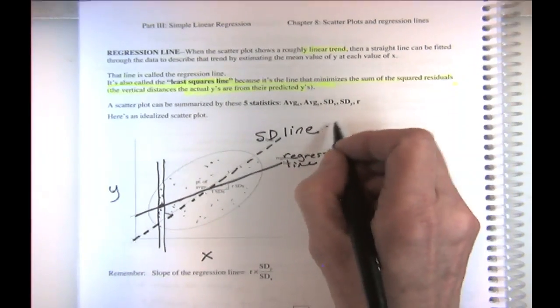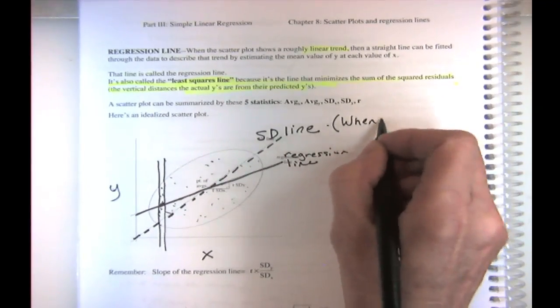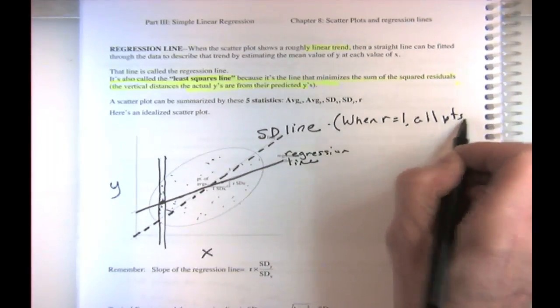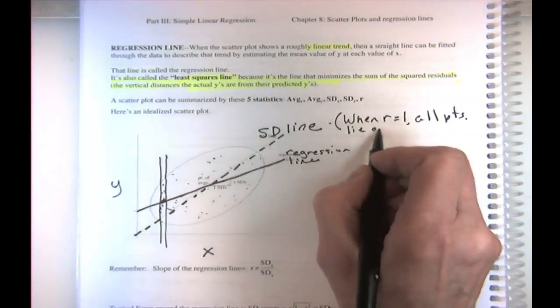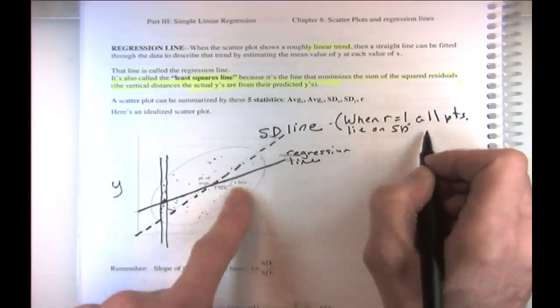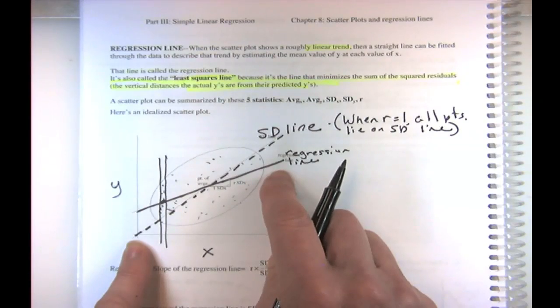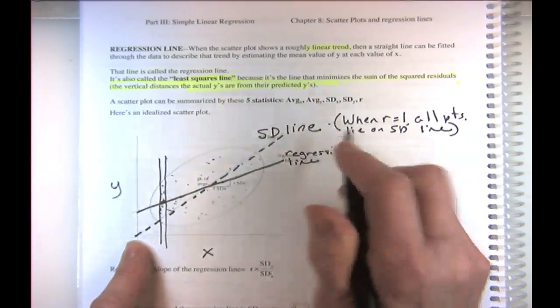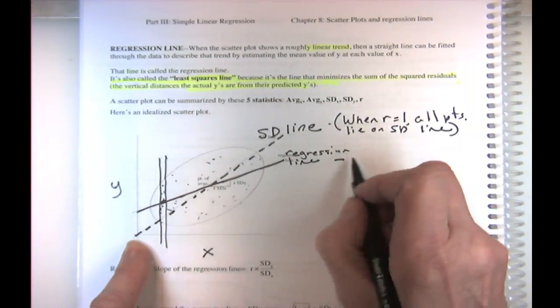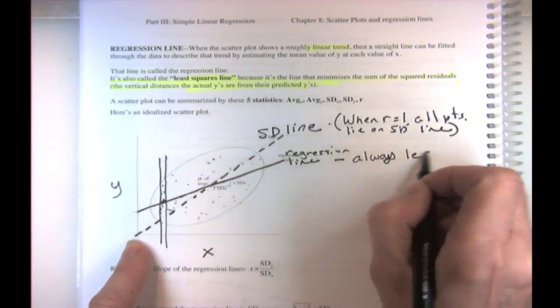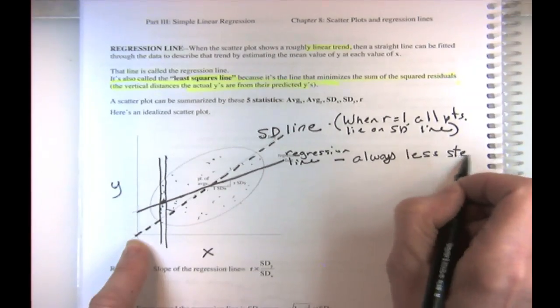So when r is equal to 1, perfect correlation, all points lie on the SD line, and there's no scatter. All right? And this regression line is always less steep.